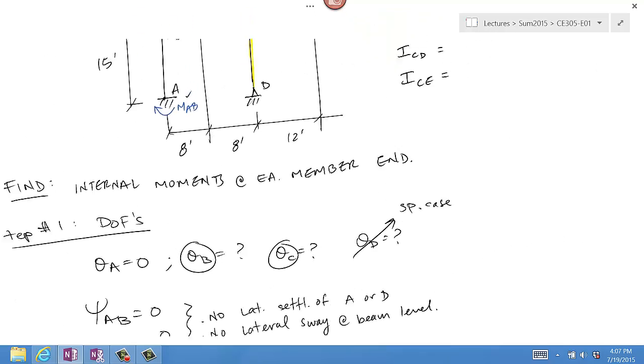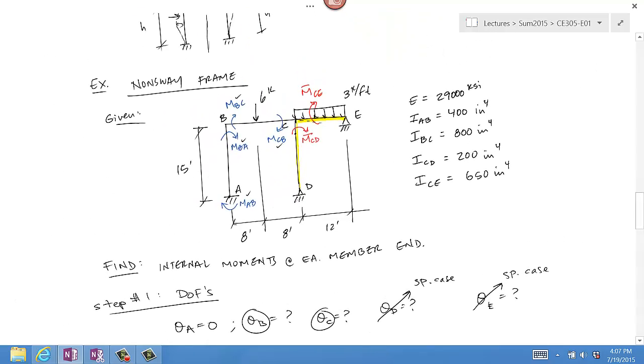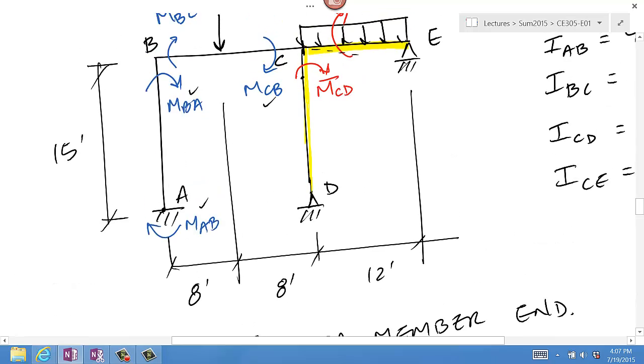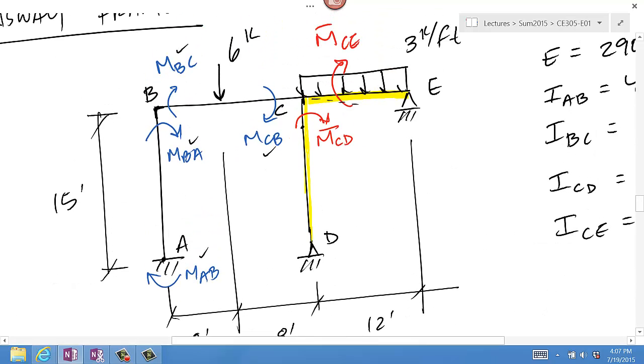So what that means is you're going to want to look at joints B and C right here, and you're going to want to apply moment equilibrium on these 2 joints. The moments shown on this figure are acting on the member ends, clockwise.